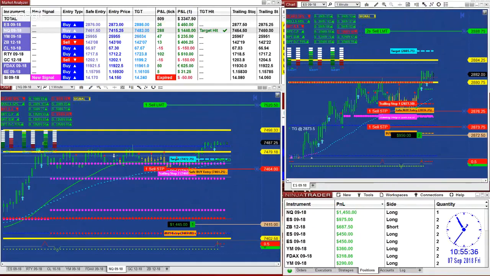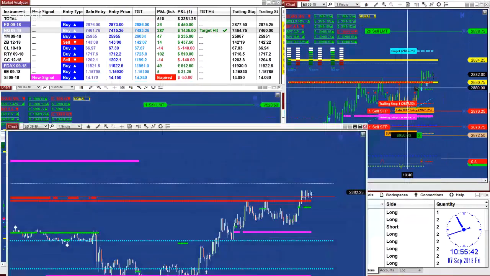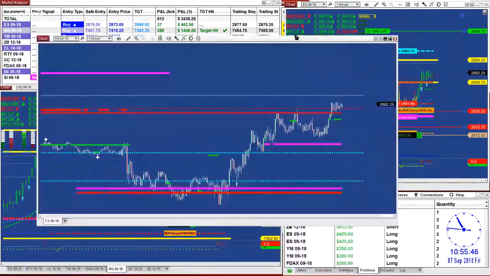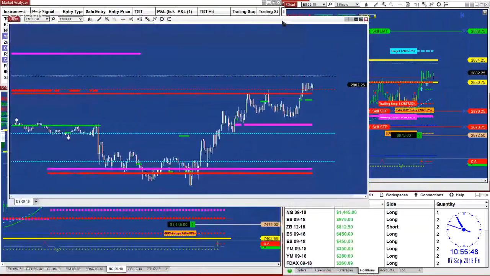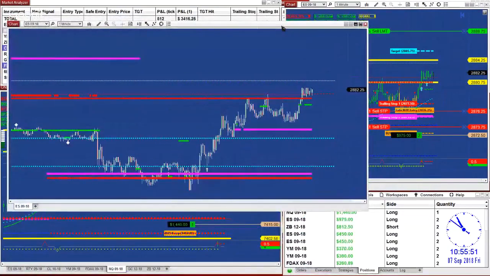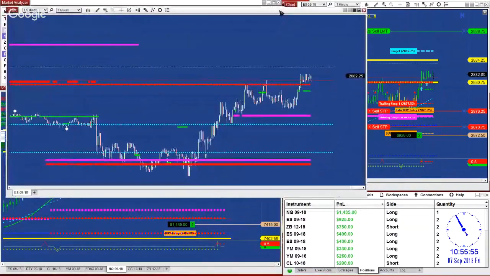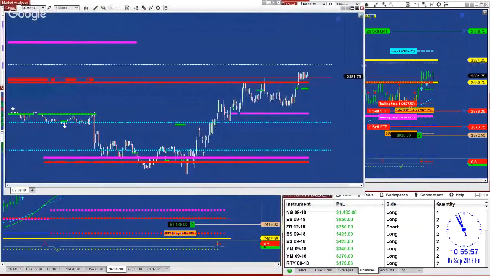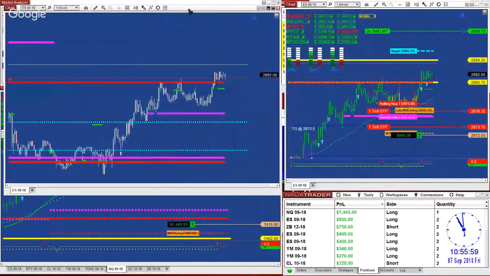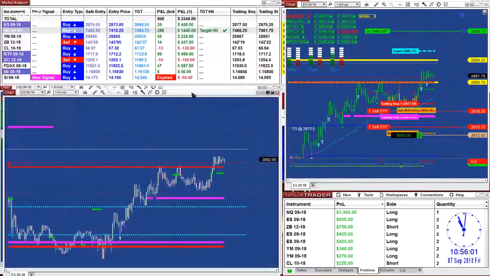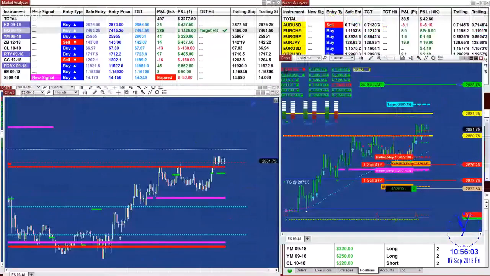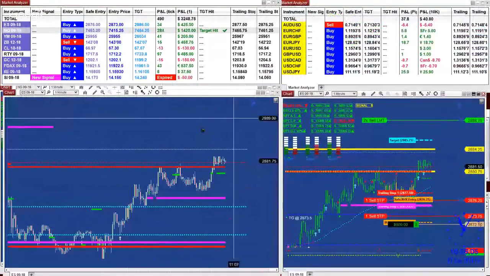If I'm trading the ES or the Nasdaq, your auto trade is taking those trades. I mean, if you're not trading the CL, why bother opening a chart for the CL? Use the space you have, and I will maybe put the market analyzer up, and then I will take those two together, the ES with a clean chart.